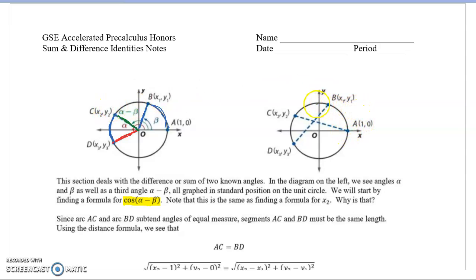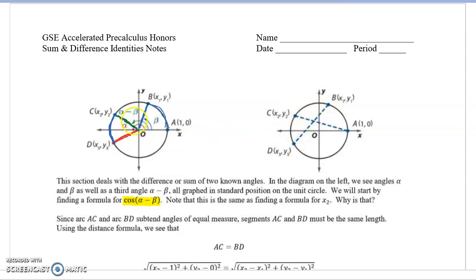If we go from here all the way around to here, we're going to be looking at the angle alpha minus beta. But also, if we start at beta and we rotate it all the way around to alpha, the angle that we travel is all of alpha except for this chunk right here. So it's all of alpha except for beta. So this is also alpha minus beta.